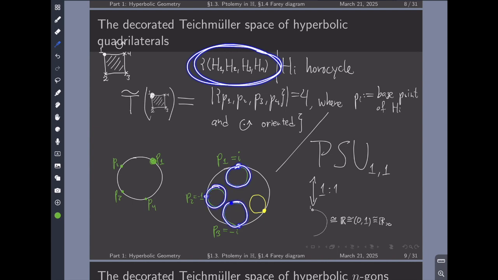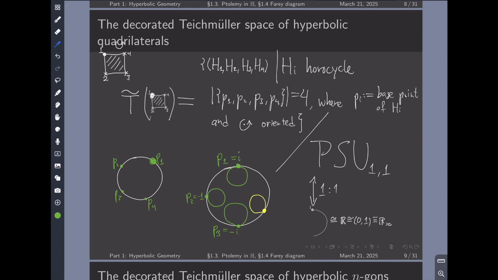I cannot say, first send the first one here, second here, but also send the first horocycle exactly to this one, because I would be breaking the uniqueness of the simple transitivity.